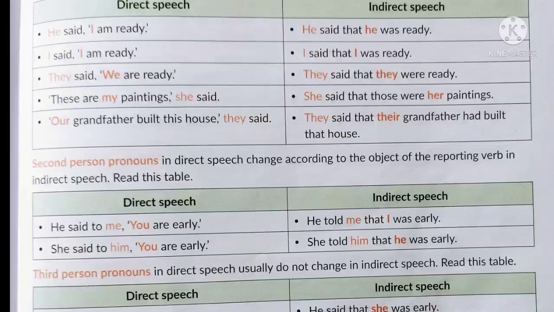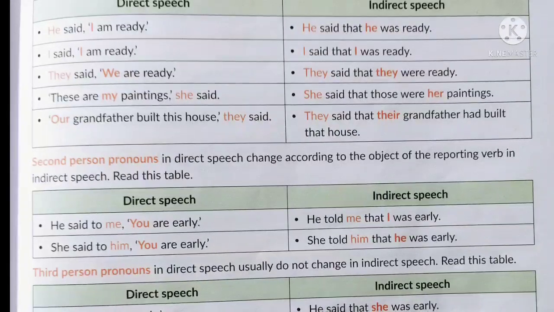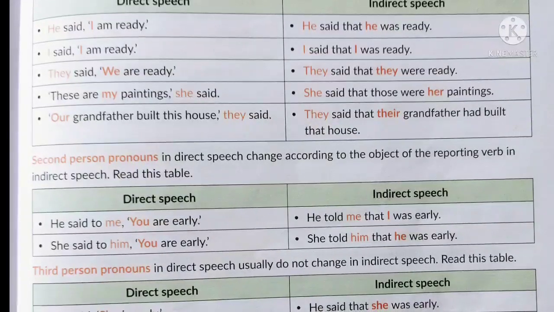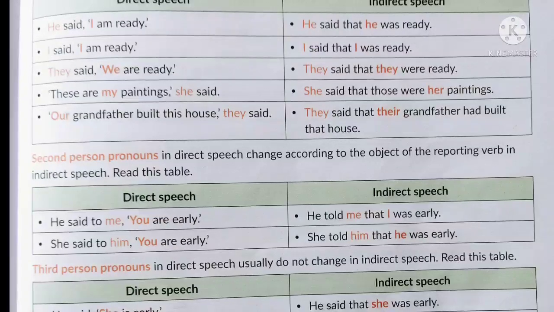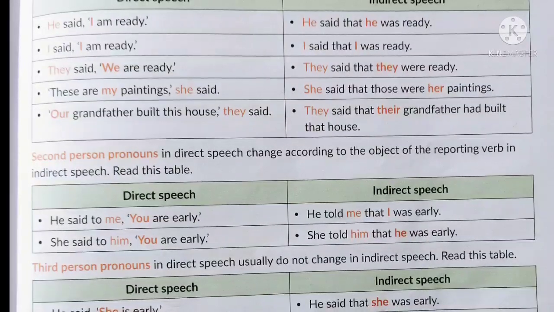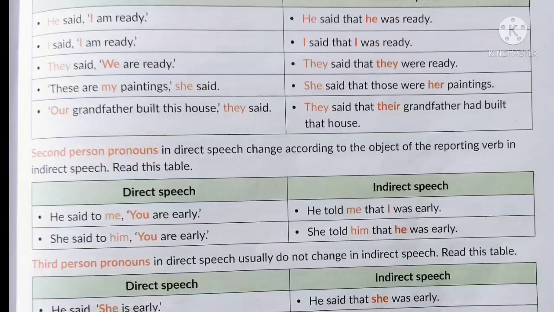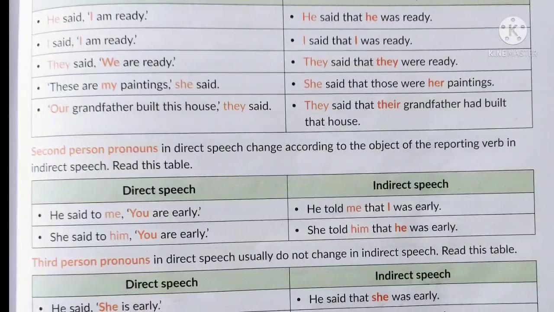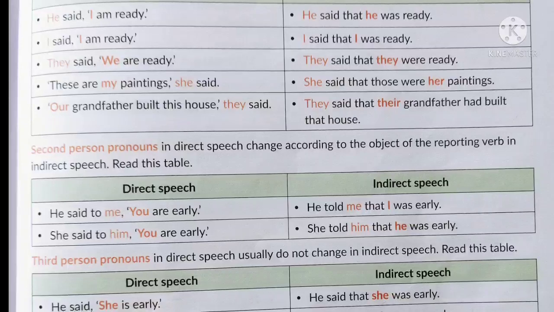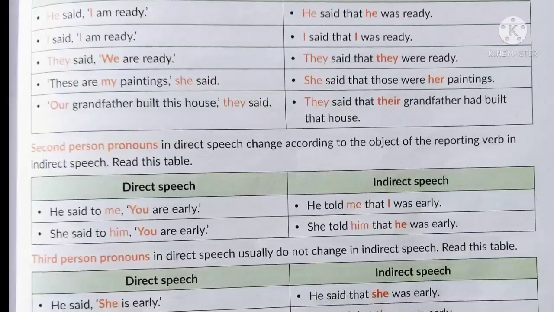Means you are not changing anything in that. Third person pronouns in direct speech usually do not change in indirect speech. He said, "She is early." He said that she was early. She said, "They are early." When you change it, it becomes: She said that they were early.